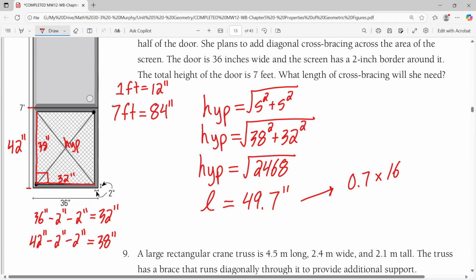So 0.7 times 16 gives 11.2, which means that this length, and we're just going to ignore the 0.2, is 49 and 11 sixteenths. Okay, I don't need you to go that far, but that's how you would get that part.